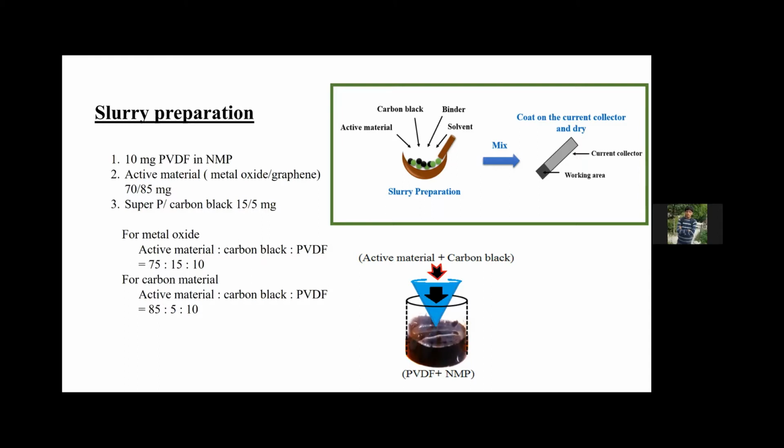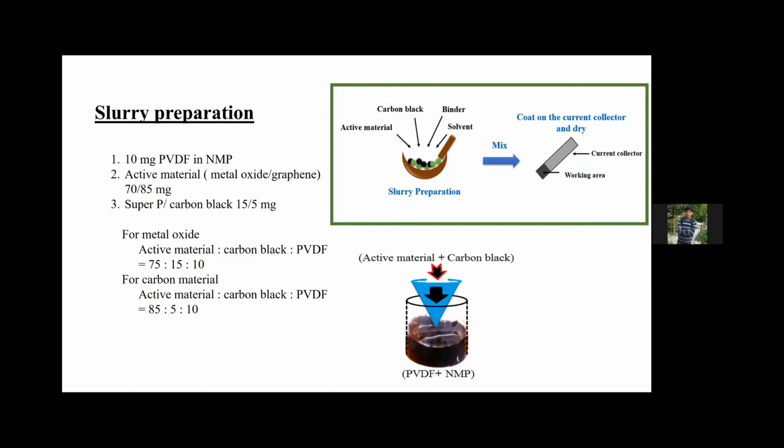So what we do first is measure the amount of binder. Suppose we use PVDF. PVDF is polyvinylidene fluoride. Suppose we measure a required amount, for example 10 mg PVDF, and mix it well in NMP so that all the PVDF is dissolved.